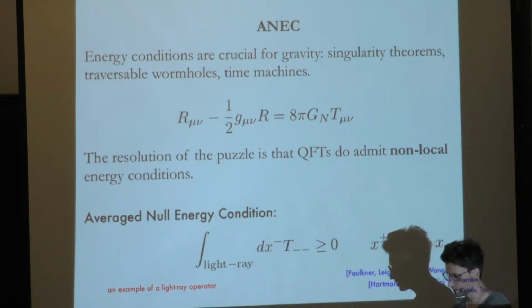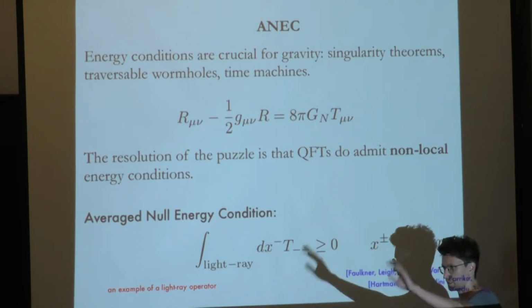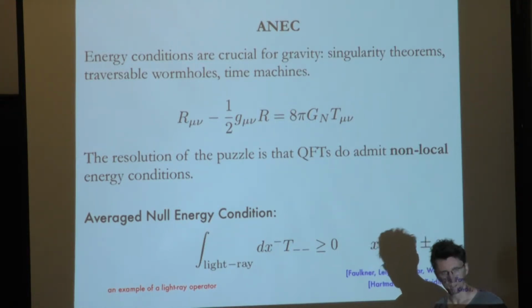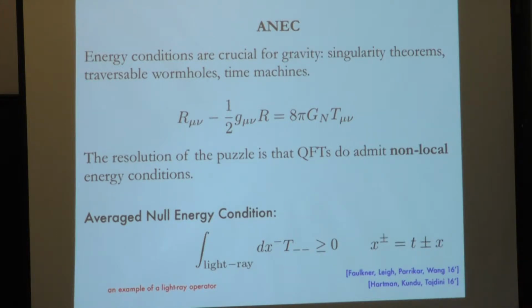You turn on the detector and you integrate from minus infinity to plus infinity. And sometimes you detect something negative, but overall it has to be positive. I think it's fair to say that we can think of this coordinate as time. So we integrate over time, so it's a kind of null time, but still.